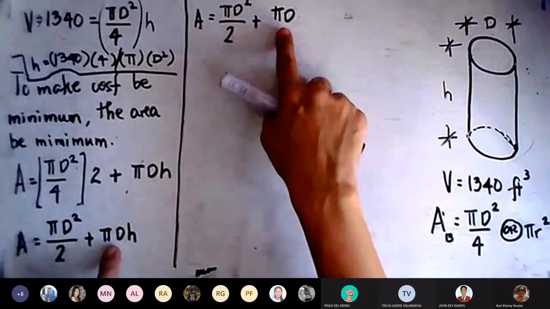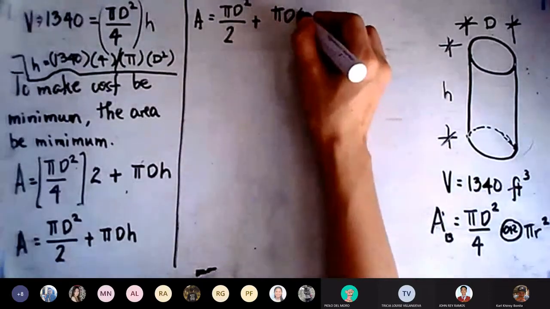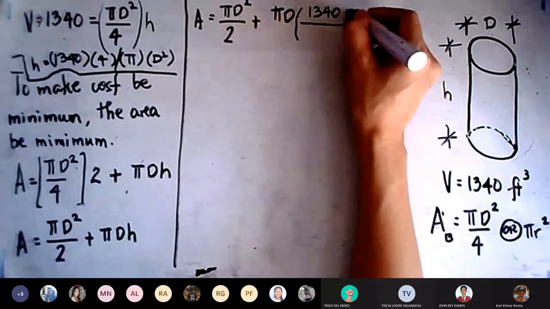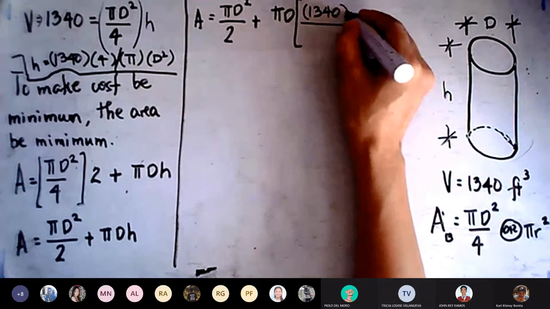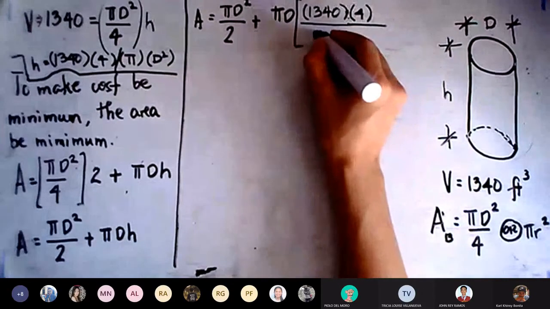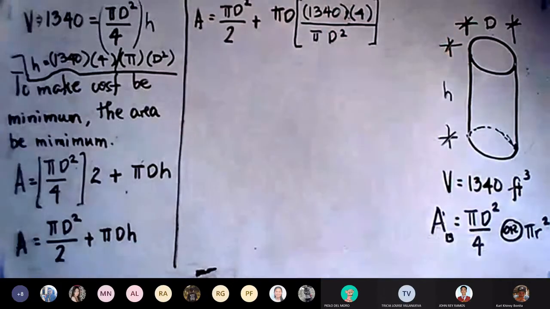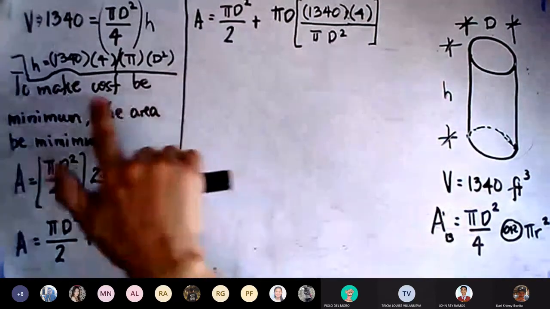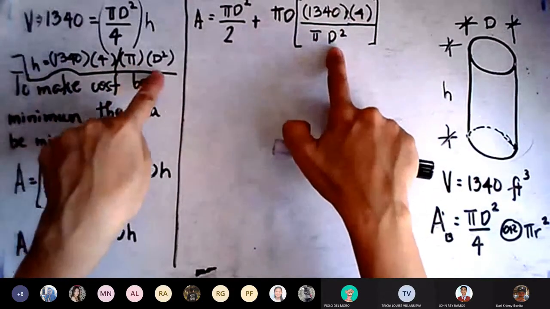So h is 1,340 times 4 divided by pi, divided by d squared.